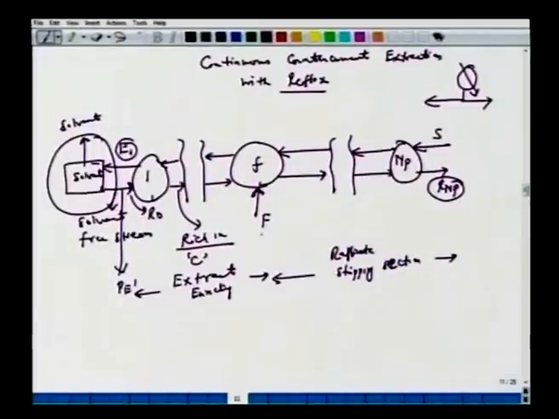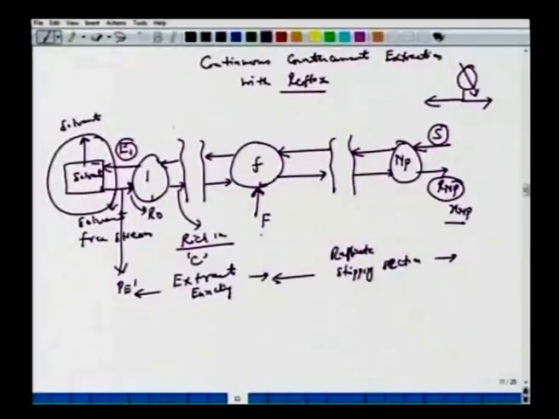Given this feed, again we are treating this to the raffinate section, see RNP here. What is the advantage? The amount of solvent required is smaller, or for the given amount of S here, the products X and P we can have are much smaller than what we had in the previous case.